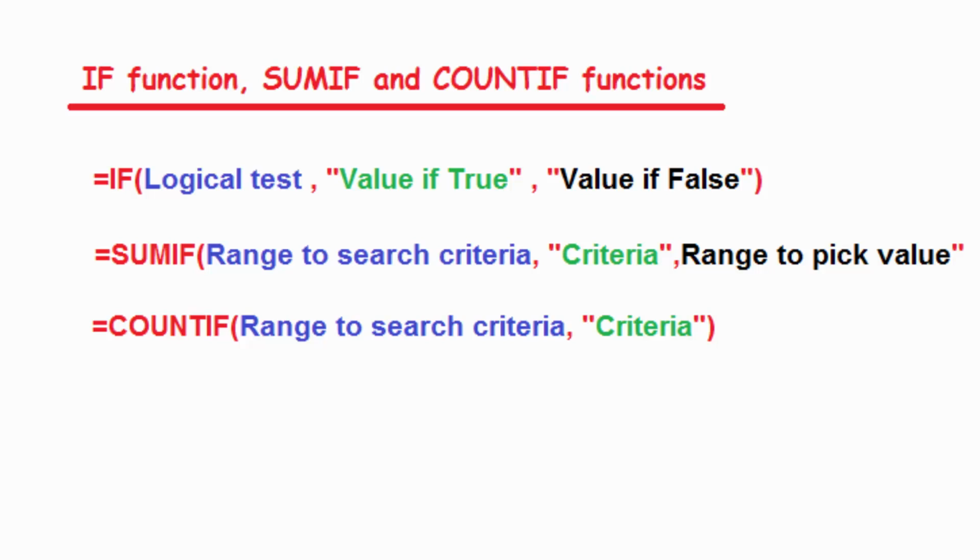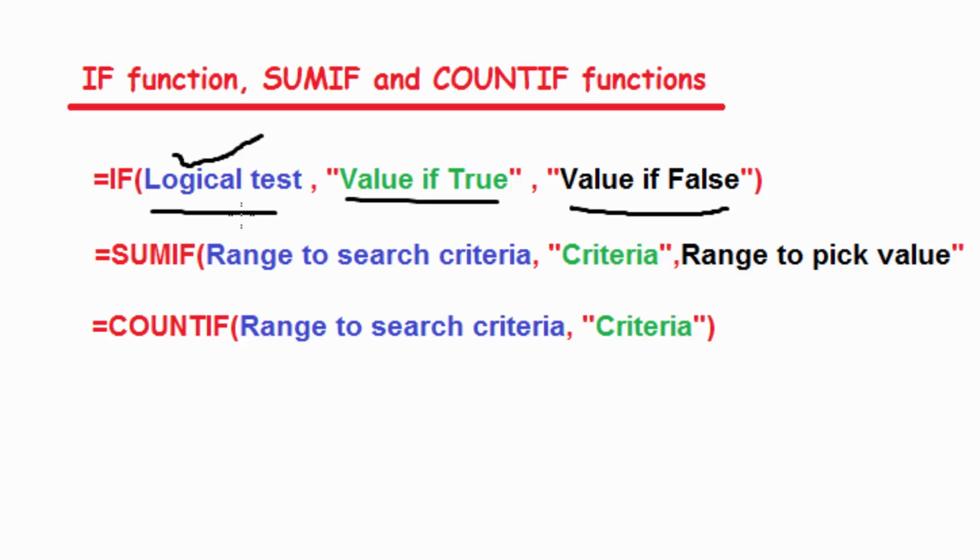I will start with the IF function. This function has three parameters in it: the first, second, and the third. The first parameter is used for a logical test, where we test if a value is greater or equal to or less than, and it will give either a true answer or a false answer.